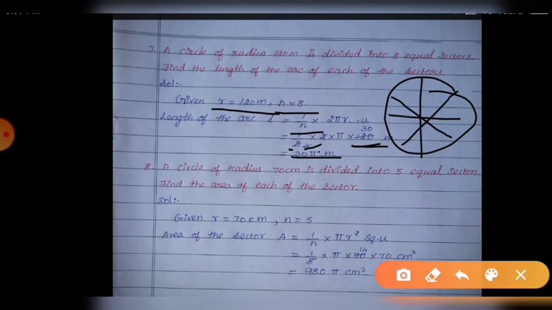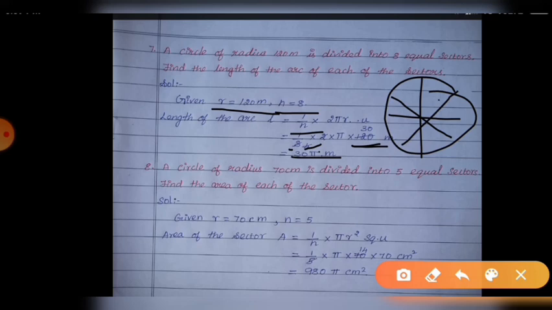Next one, 8th sum. A circle of radius 70 centimeter is divided into 5 equal sectors. Find the area of each of the sectors. Given R is equal to 70 centimeter. N is equal to 5 equal parts, like this.